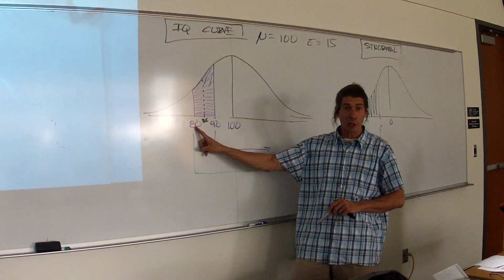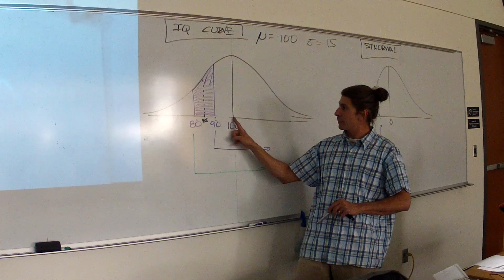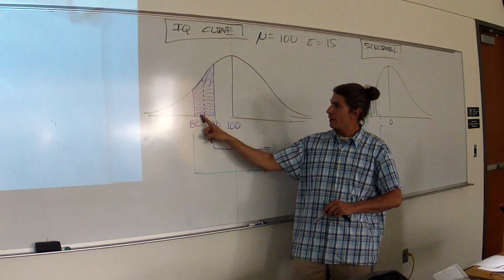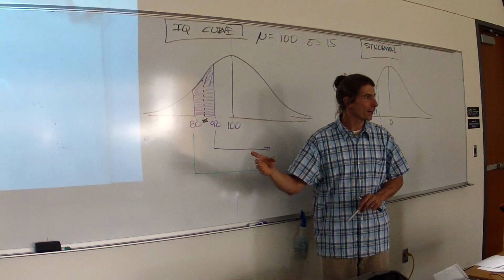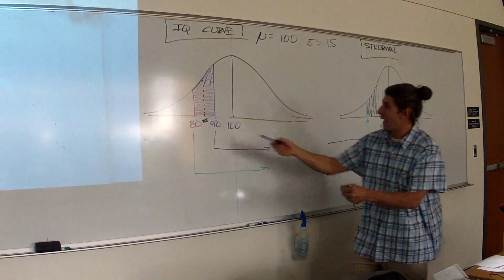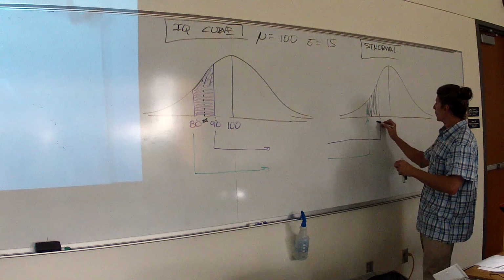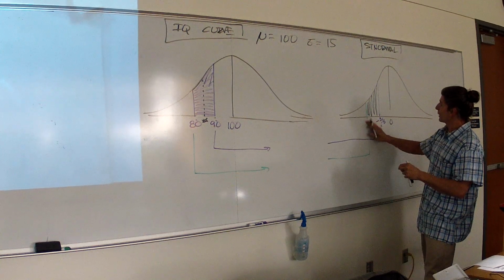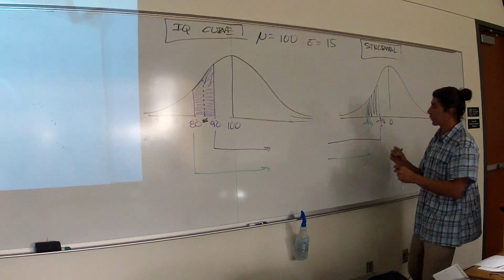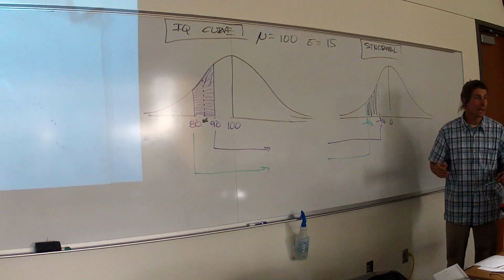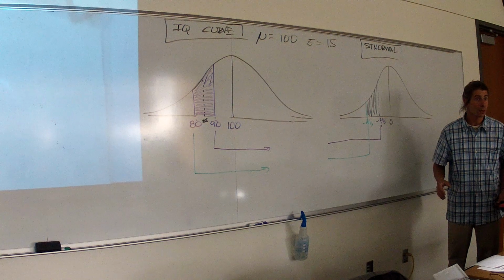Like this one here, 80, has to actually be what? 1 and what fraction? 1/3. So actually, this guy right here, the z-score would be -2/3, and this guy right here would be -4/3.